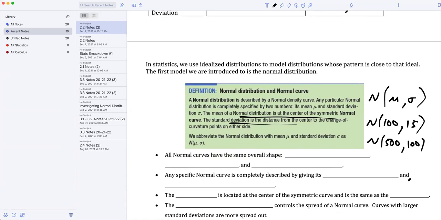Let's talk about certain characteristics of the normal distribution. They have the same shape. They are always symmetric. They are single peak. And bell curve.